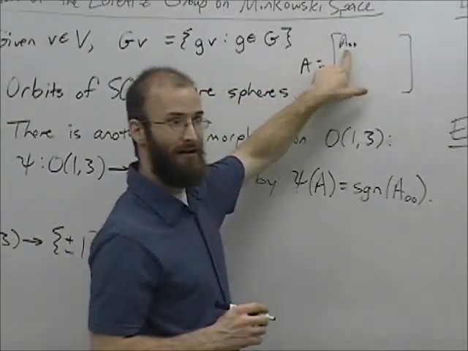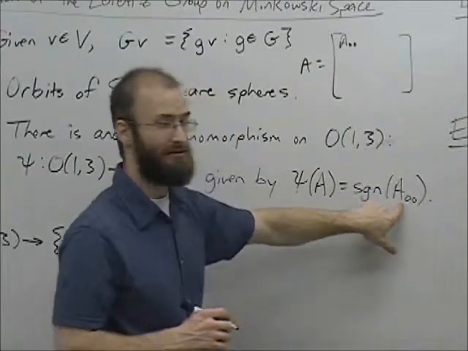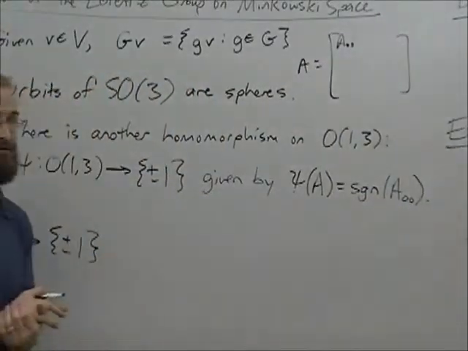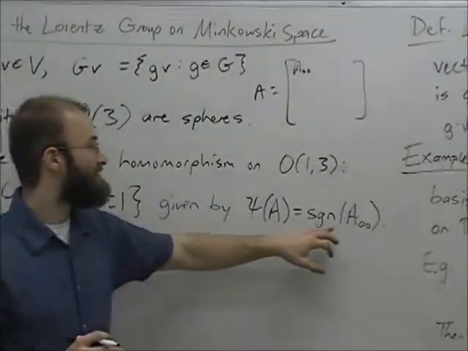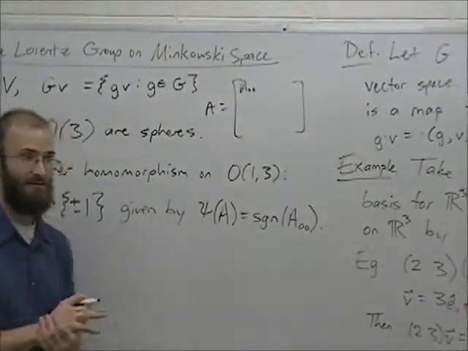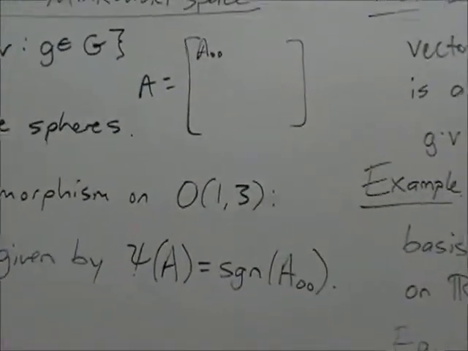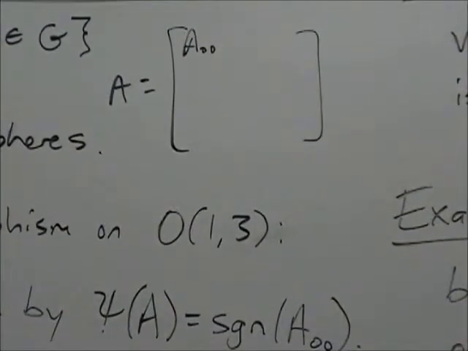Your upper left-hand entry is A00. So if you just look at the sign of that entry, that's actually another homomorphism. Is this sign positive or is this negative? This sign is either going to be positive or negative, and so it's a homomorphism into plus or minus 1.